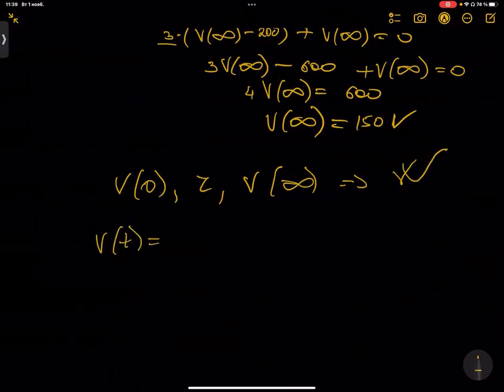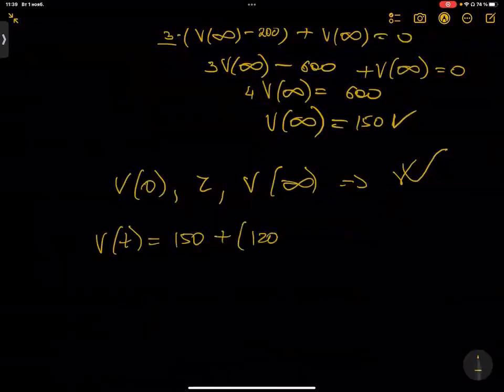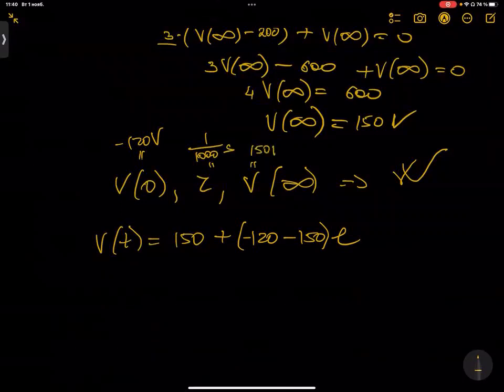It's going to be V infinite, which is 150, plus V0 minus V infinite.